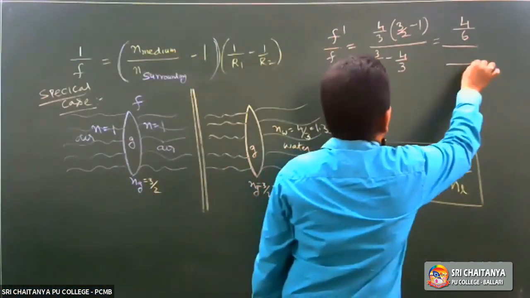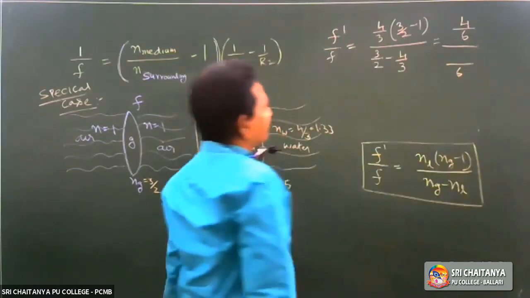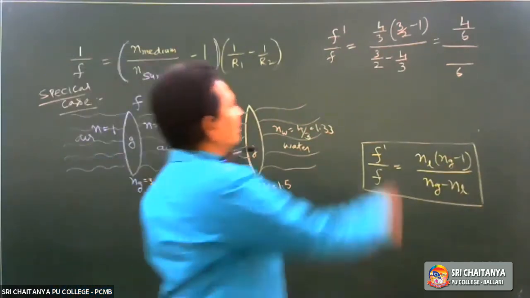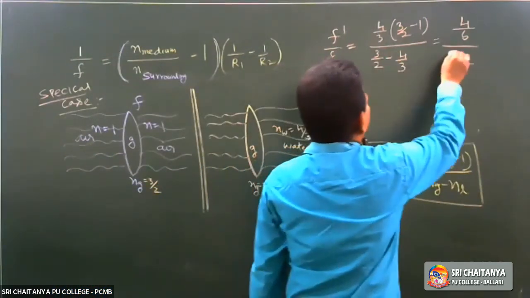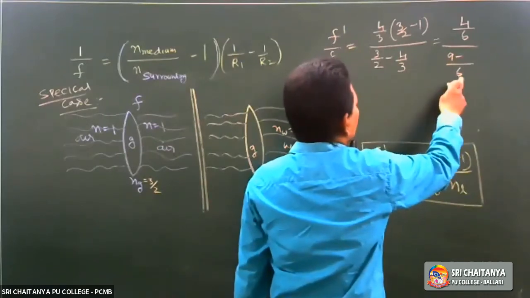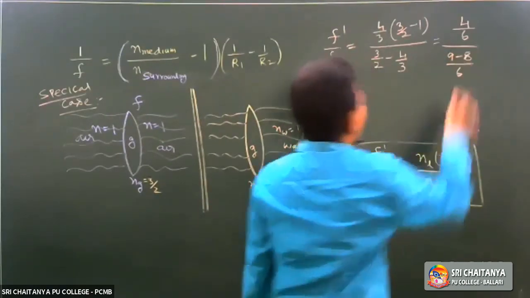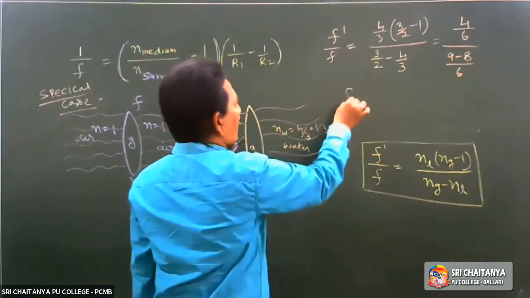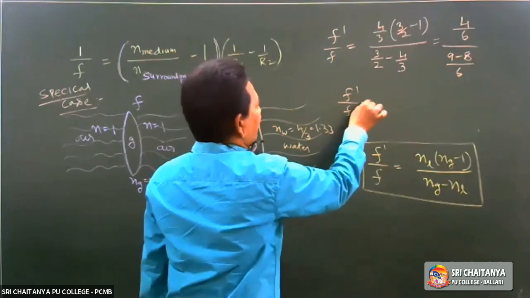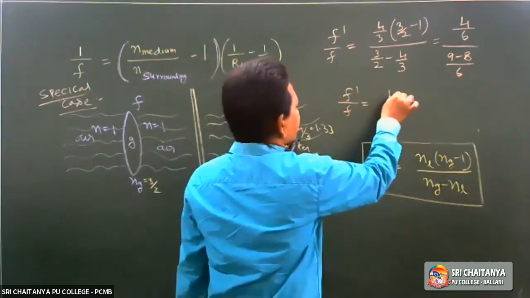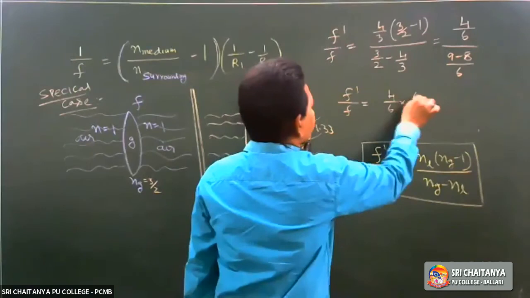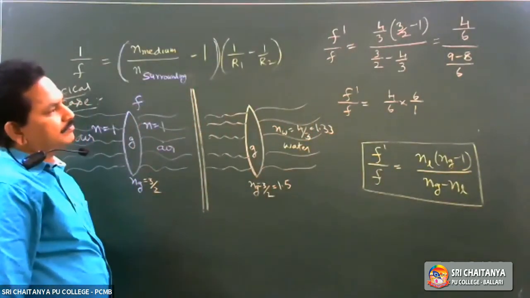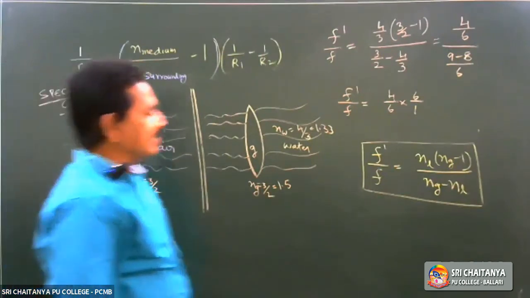Denominator, LCM 6: 3 threes are 9 minus 2 fours are 8, that is 1 by 6. So F dash by F is equal to 4 by 6 into 6 by 1. 6 and 6 cancel.